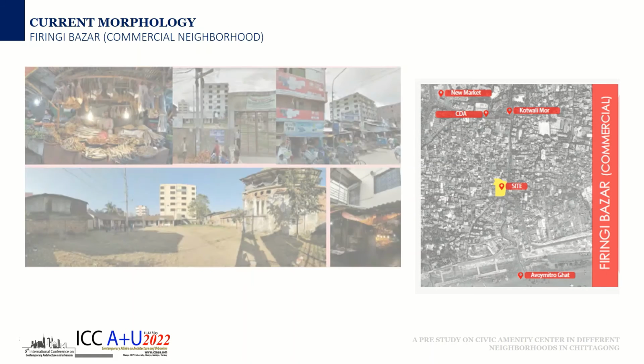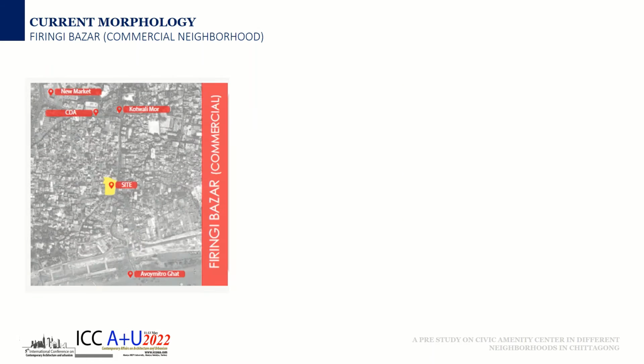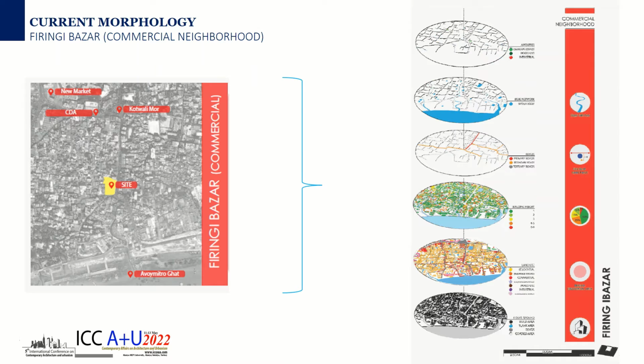For this paper, we have selected a commercial neighborhood in Chittagong that is called Feringi Bazar. Here, we can see the parallel projection of figure ground, land use, building heights, roads, blue network and amenities map of the study area and its surroundings within a half-kilometer radius.